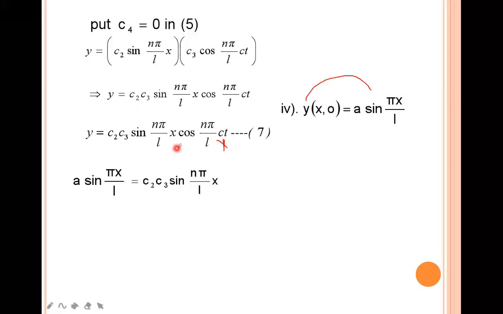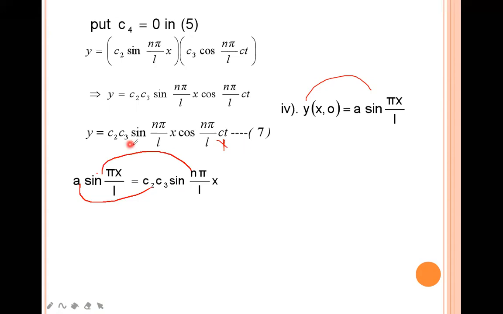So these two are equal. Comparing these two, a equals C2 C3 and n equals 1. This satisfies the equation when C2 C3 equals A and n equals 1. So put n equal to 1 and C2 C3 equal to A in equation 7.